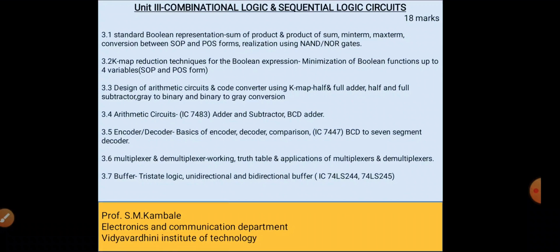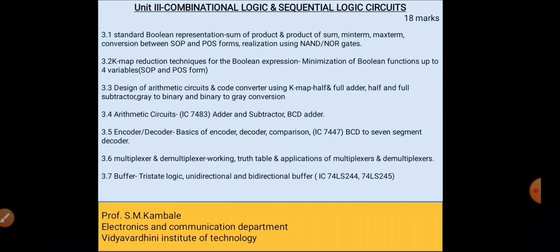If there are two variables, then 2 raised to 2 is equal to 4 boxes in the K-map. If there are 3 variables, then 2 raised to 3 is equal to 8 boxes. If there are 4 variables, then 2 raised to 4 is equal to 16 boxes.